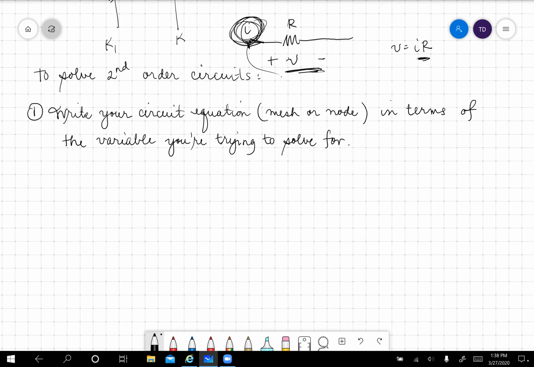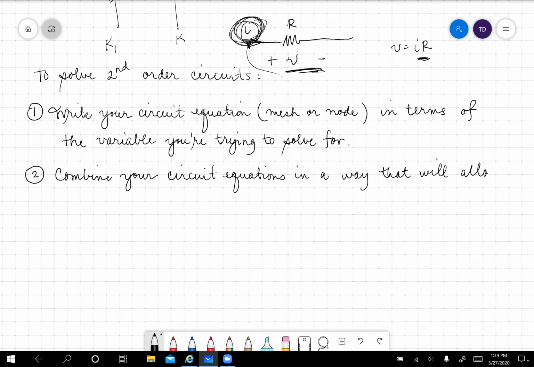Then, after we do that, we're going to try to combine your circuit equations. This is one of the hard parts. It's new. Combine them in a way that will allow you to develop a second order differential equation in terms of the variable you're trying to solve for.